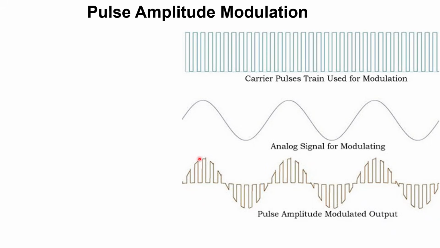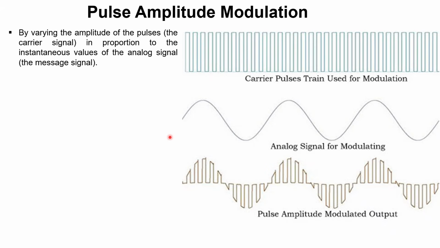The carrier amplitude is fixed, and here the amplitude is varying because of this message information, based on this message information, right?